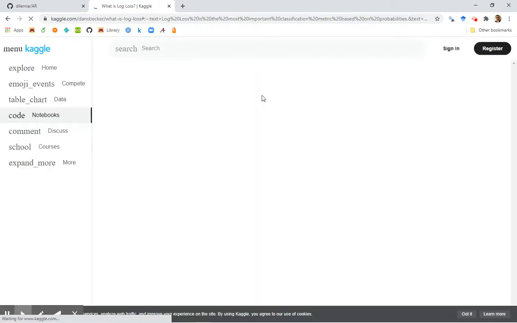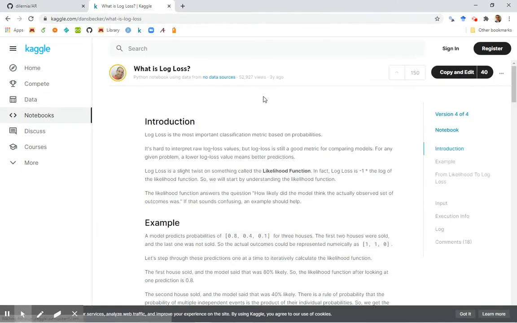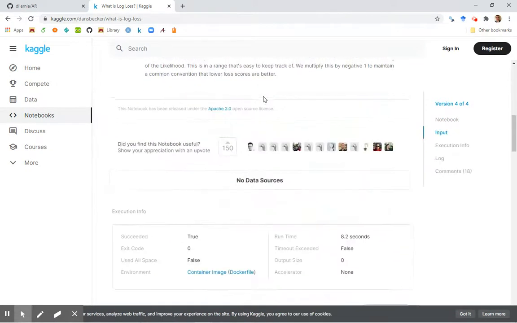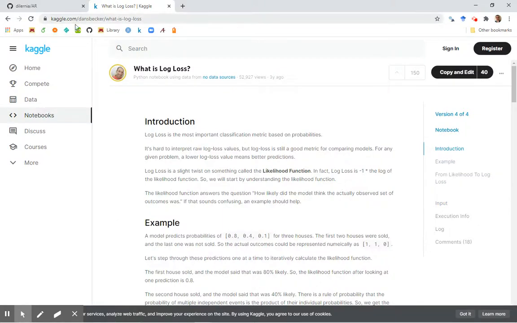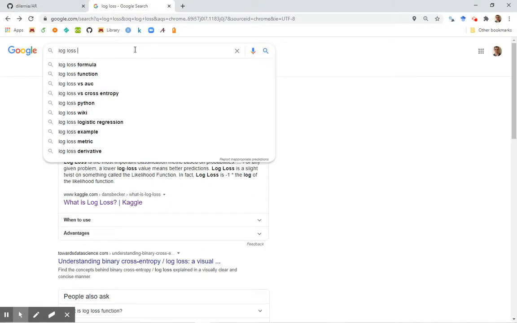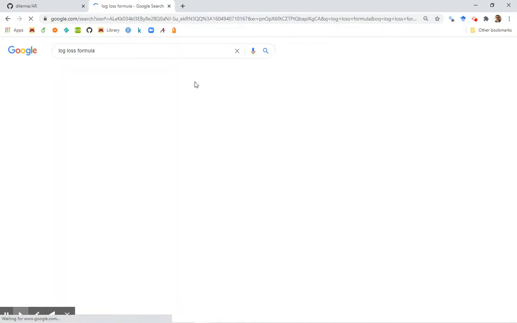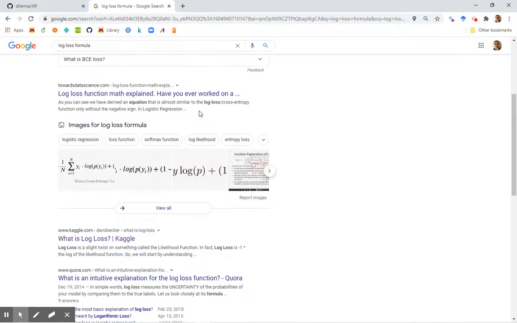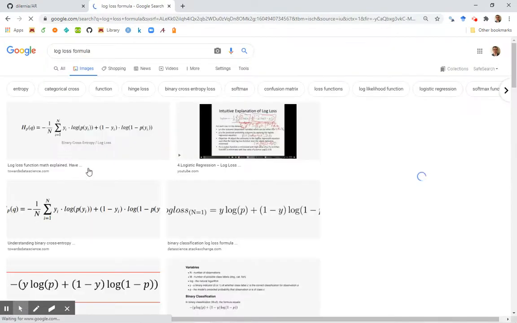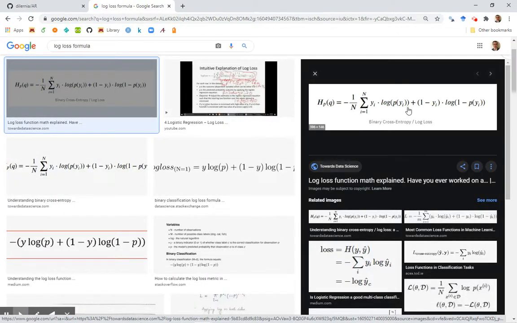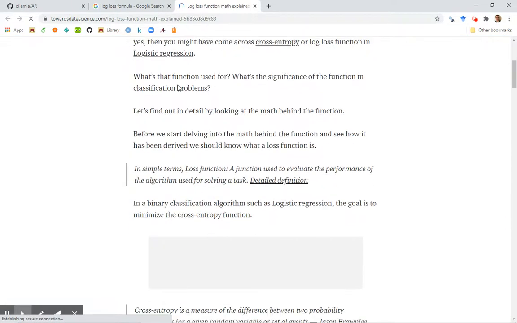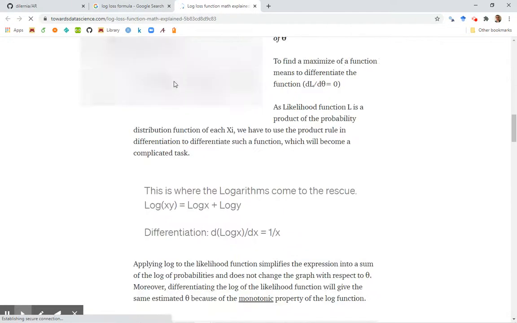And let's see if this Kaggle post talks about it here. So accuracy, and they don't really give a formula for it here. Accuracy is certainly the most intuitive and I would say commonly used function here. The log loss right here is a little bit different.